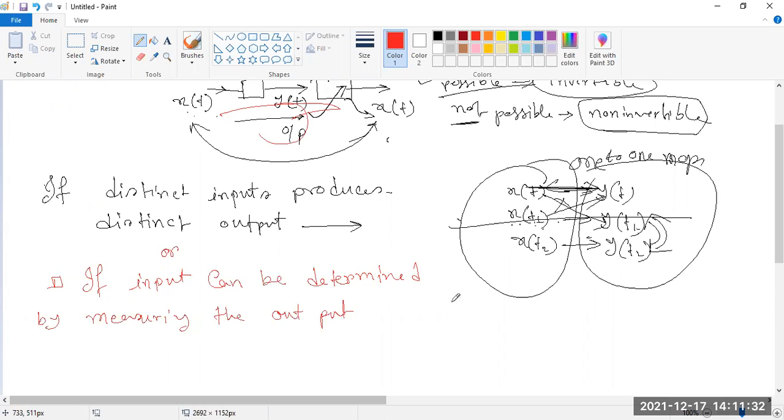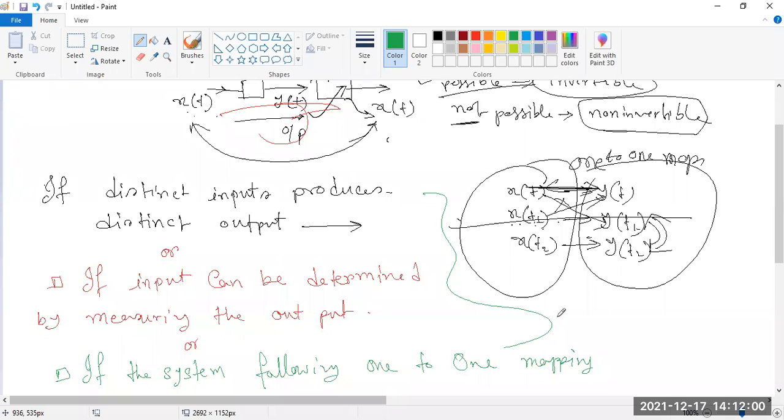Or you may say that if the system follows 1-to-1 mapping, then this system is called invertible. Otherwise it is not invertible.